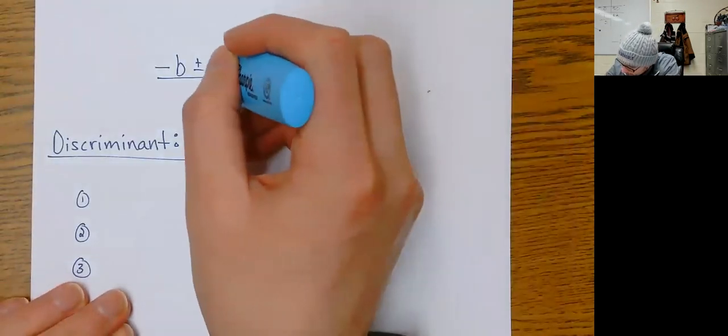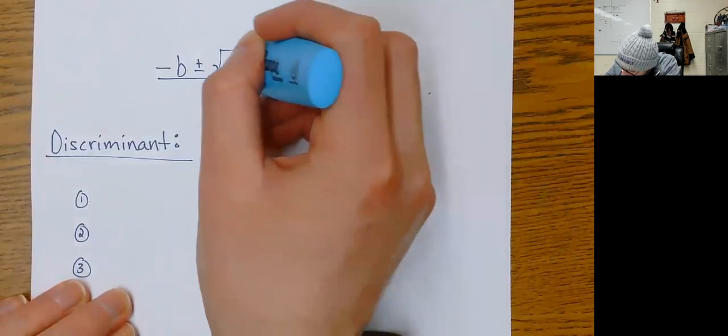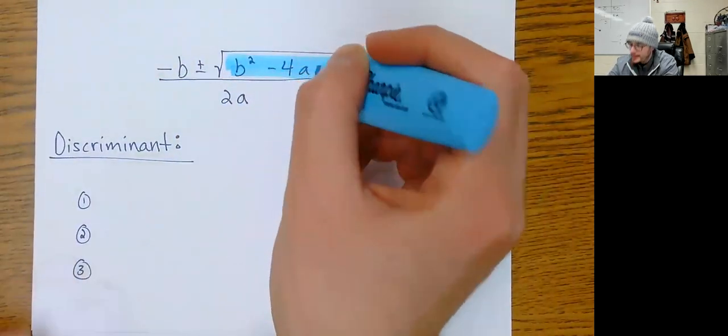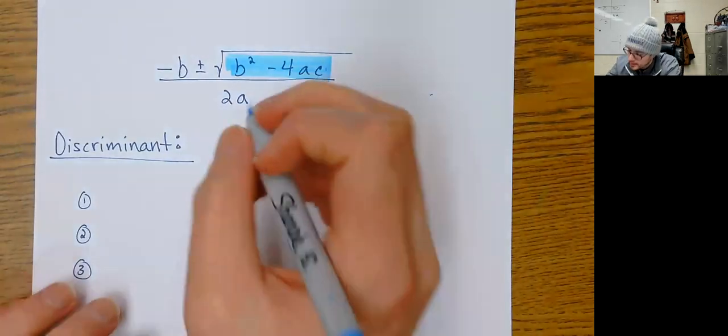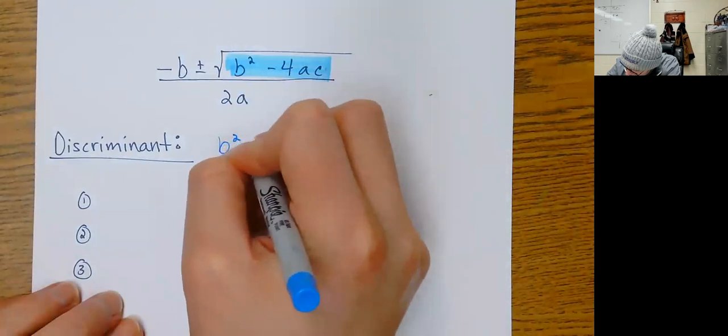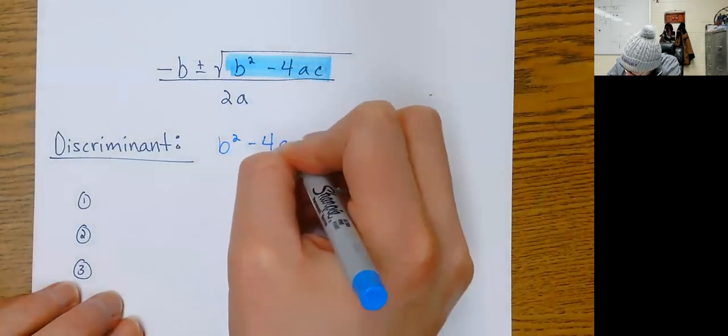This right here, the inside of the square root, is the discriminant. So the inside of the square root of a quadratic is the discriminant: b squared minus 4ac.